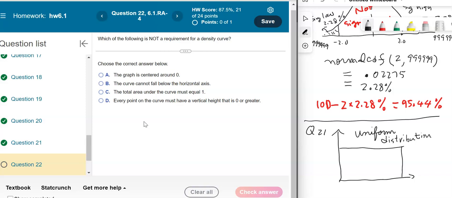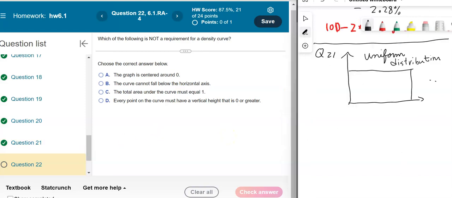And then the next question: which of the following is not a requirement for the density curve? Now, it doesn't have to be. Some people, I know, are tempted to go up. Okay. Question 22.